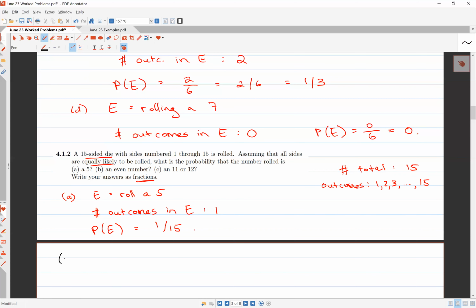What about part B? Part B says we roll an even number. So now we want to go and count how many outcomes are there in E. Well, you're certainly welcome to go and write them out if that's helpful. We want to know, if we're looking at the numbers 1 through 15, how many of them are even numbers?